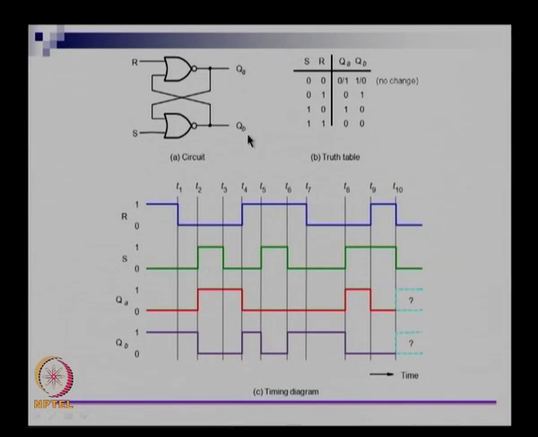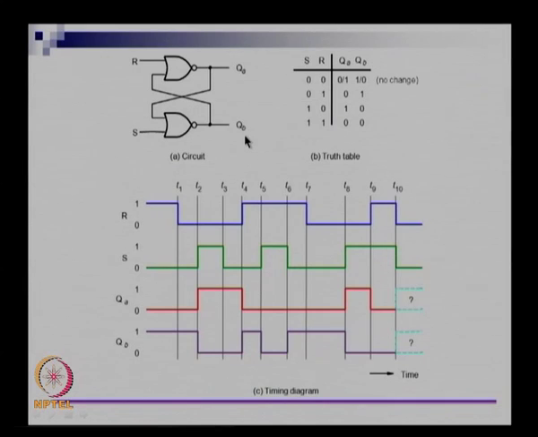Instead of Q and Q bar, I am going to assume that these are two different signals, QA and QB, and as of now we do not know the relationship between QA and QB. Let us start with that, and let us assume that there are two inputs R and S. So what we see here on the right side is a table which describes what is going to happen because of the circuit. So let us start with the case where both S and R are 0.